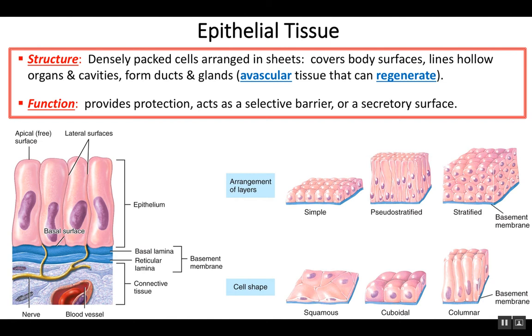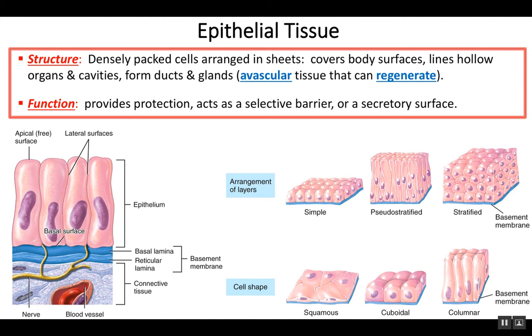Then there's this one that's shown right here in between the two called pseudo-stratified. Pseudo means false. It means it looks stratified. If you look at this very quickly, it looks more like this one. But indeed, every single cell is attached to that basement membrane. So this is really a single layer of cells. It just happens to look stratified.